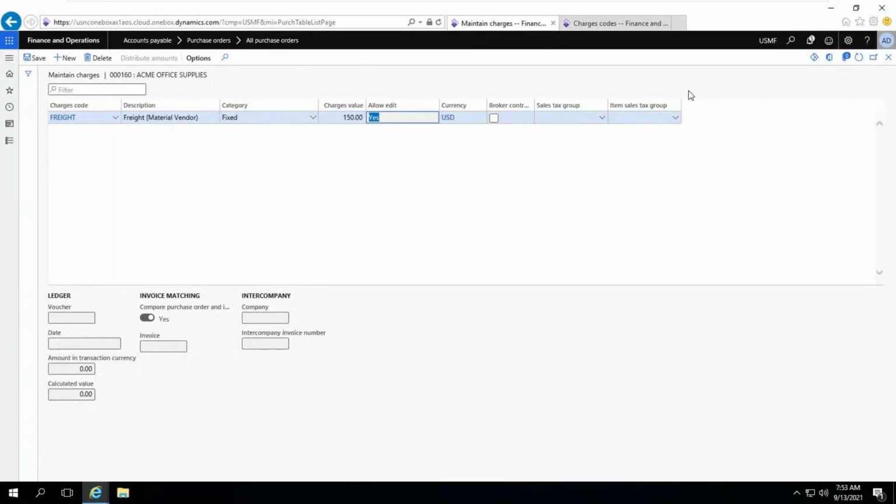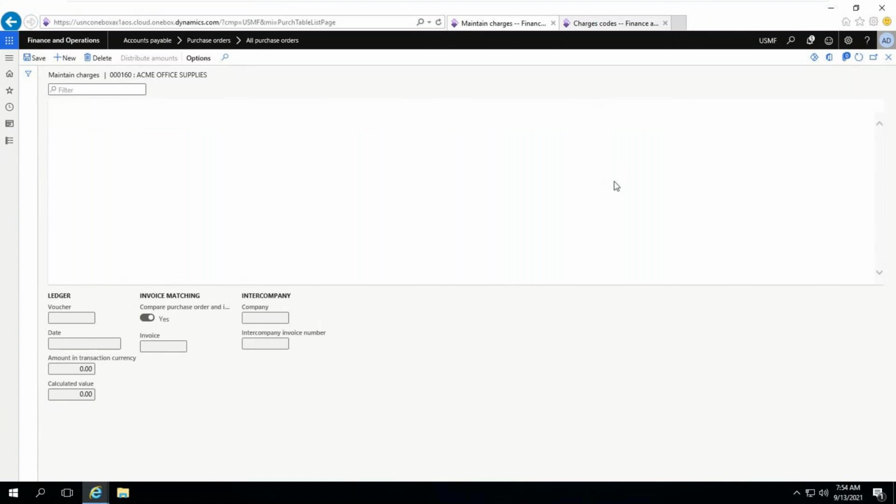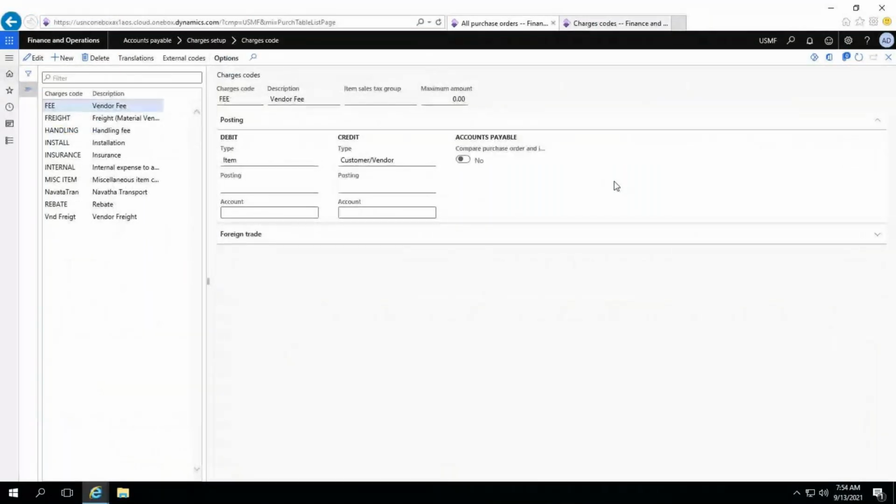Now click on allocate, based on the net amount. Okay, so now I have entered charges.